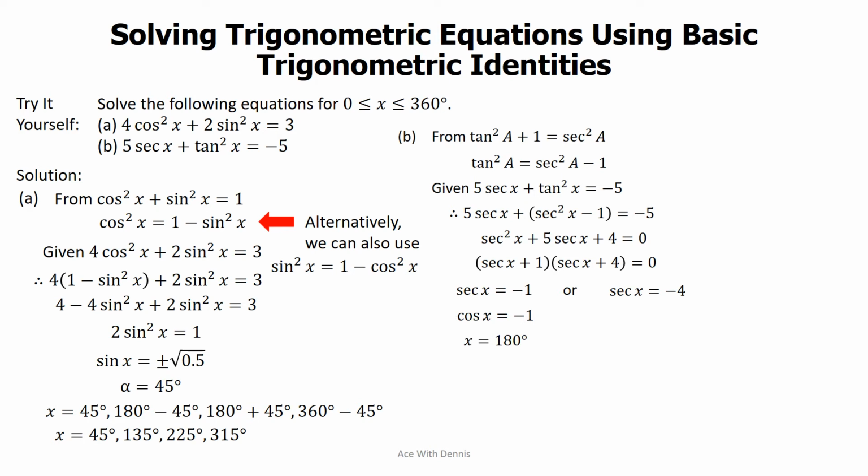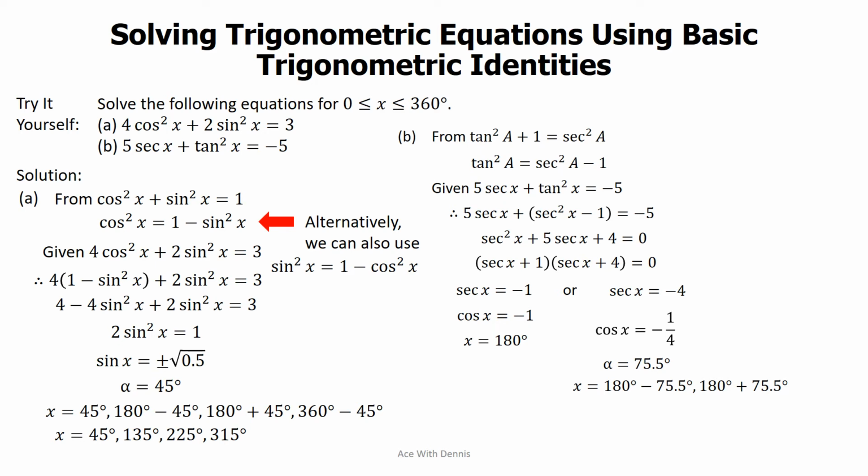Therefore, cosine x equals to -1, so x will be equals 180 degrees. Or cosine x equals -1/4. Basic angle is 75.5 degrees. So it is negative, therefore it is in the second and the third quadrant.